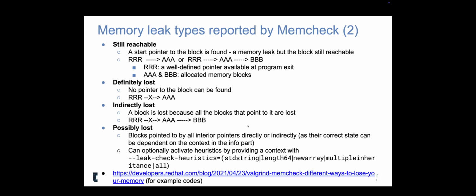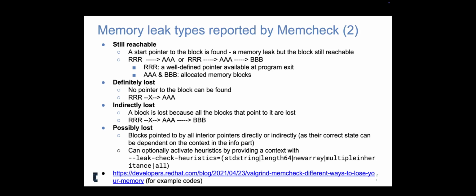So in this case, block AAA can be directly reached from such a pointer, but the memory block BBB can be indirectly reached. So they are still reachable when the program exits. Yeah, but still, this is a bug. Even though they are reachable, you should actually free them, but you didn't. So this is still a problem you have to fix.